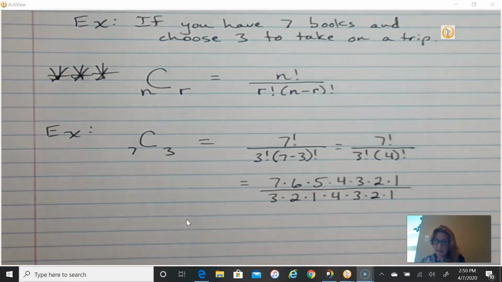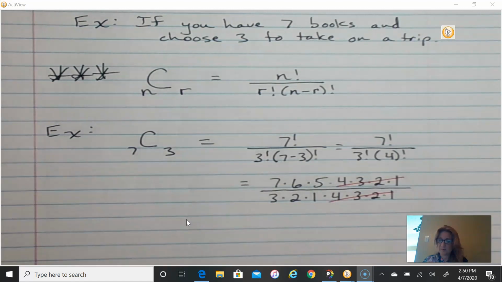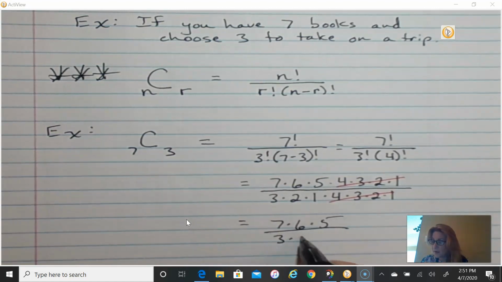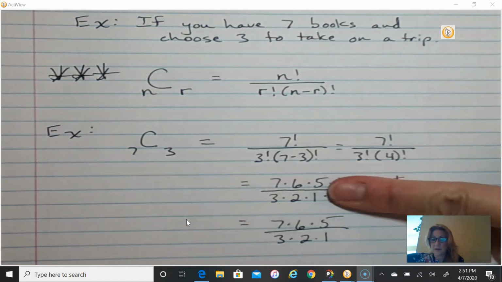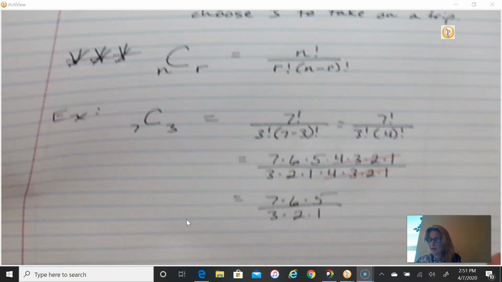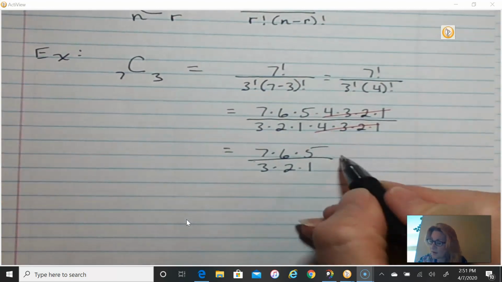Now we cancel. Look at this. 4, 3, 2, 1. 4, 3, 2, 1. And you get 7 times whatever's left over 3 times 2 times 1. See, these cancel out and you're left with this. Do you see that? Okay. Now, multiply across.